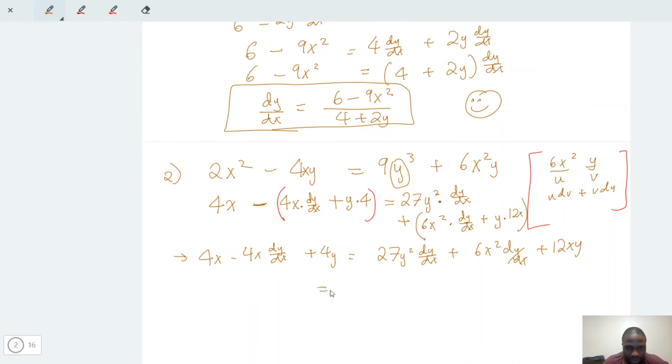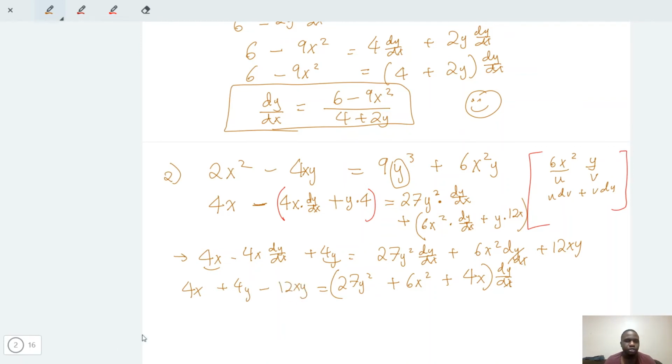So I have 27y squared plus 6x squared plus, if I take the minus 4x, it becomes plus 4x. Everything here is multiplied by dy/dx, so I just factored out the dy/dx: 27y squared, 6x squared, and 4x. On the other side, I just have 4x, that's this term, plus 4y, that's that term, minus 12xy.